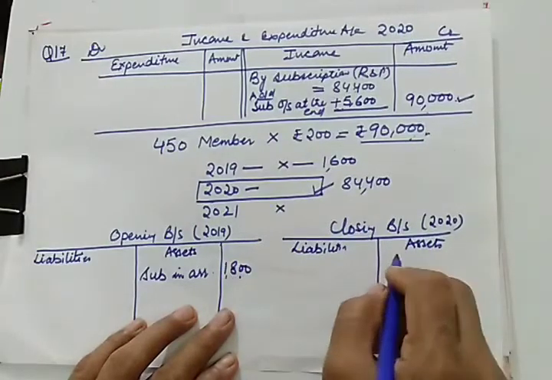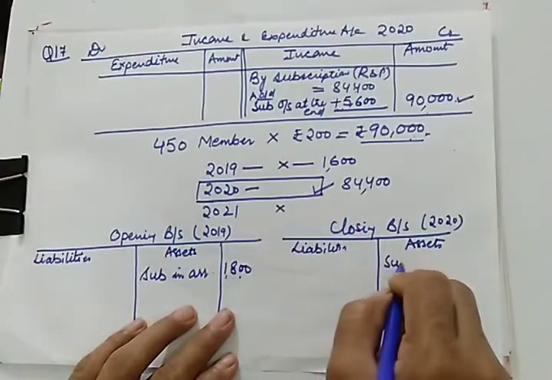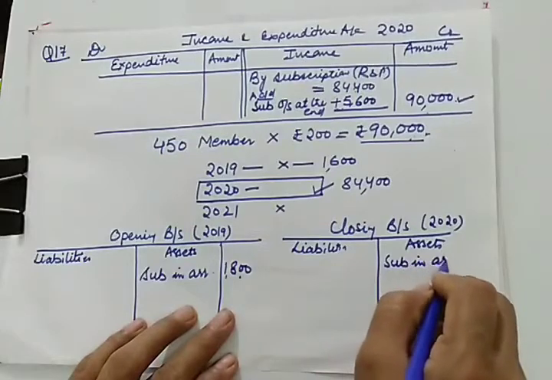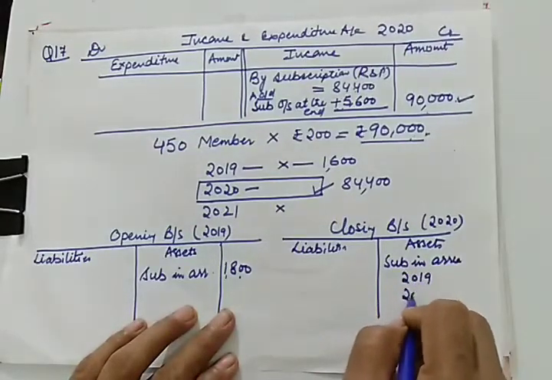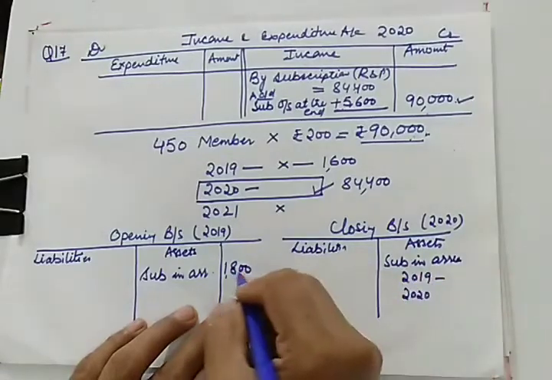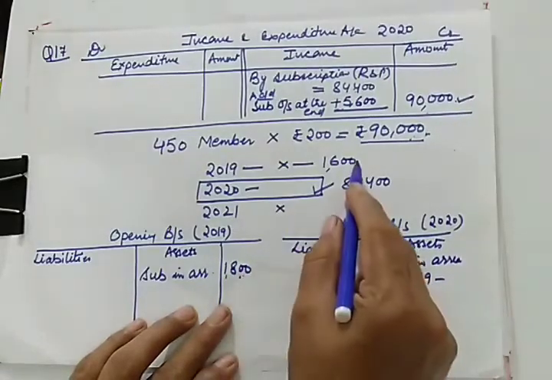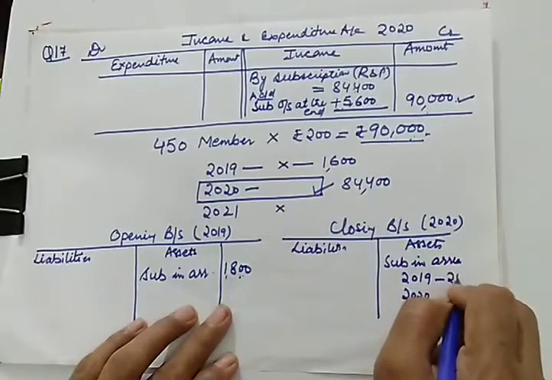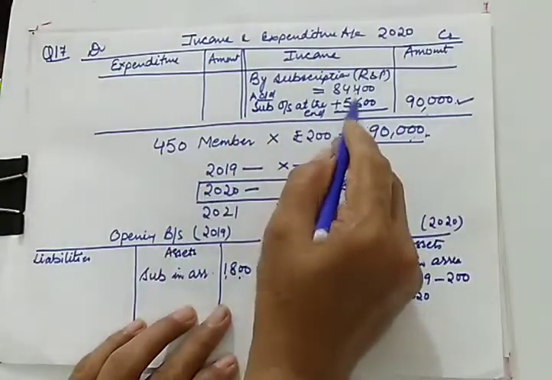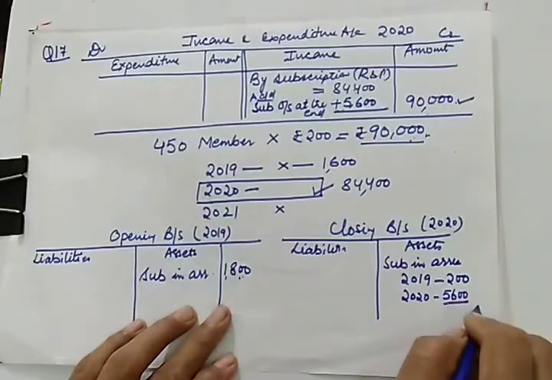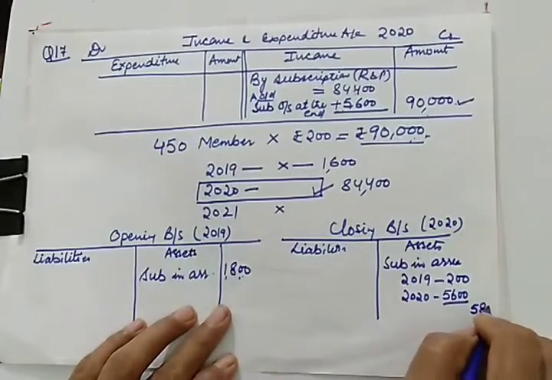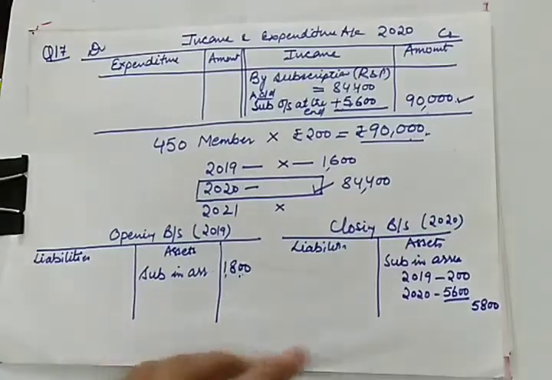So when you are writing in the closing balance sheet, you will write subscription in arrears for 2019 separately and 2020 separately. For 2019 it will be 1800 minus 1600, which is 200, and for 2020 it will be 5600, and in the outer column 5800. This is one detail.